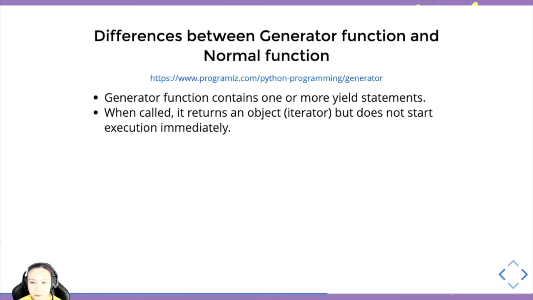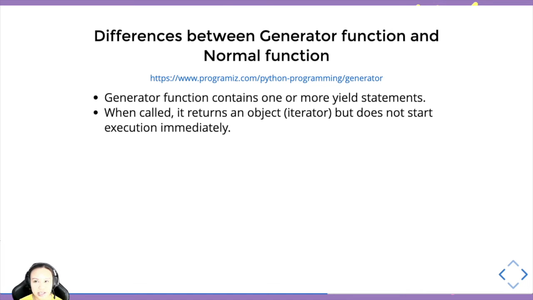It will give an iterator object. So you see that when I do first_n and put in 10, it's just like range, right? It creates an iterator, but it doesn't start execution immediately.